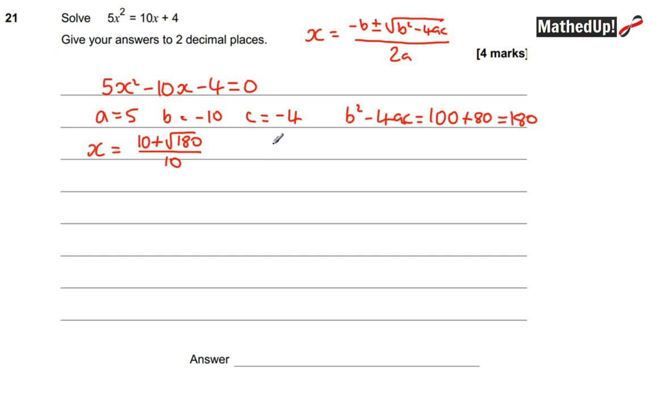And I'm also going to have x is equal to 10 take away the square root of 180 divided by 10.